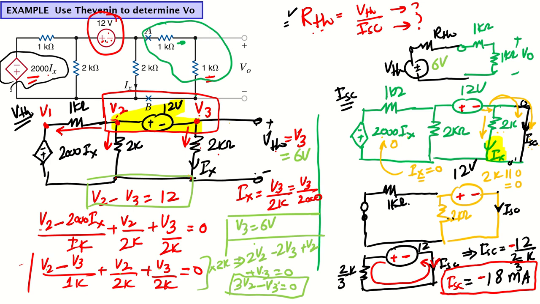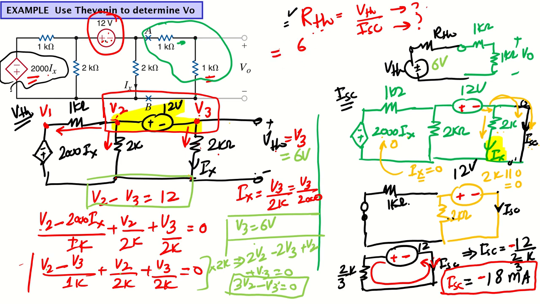Now we have the value of the current and the value of the voltage, so we can find the R Thevenin. Let's put in the numbers.